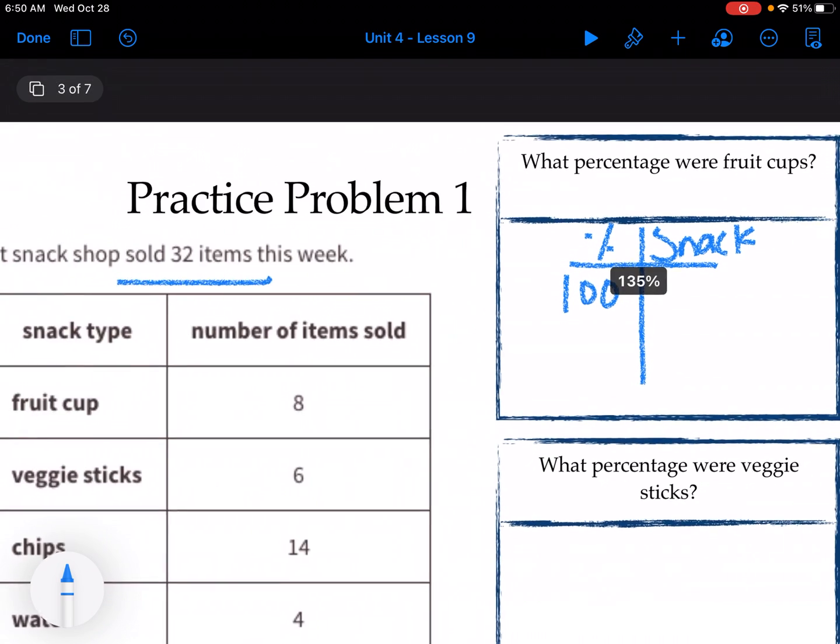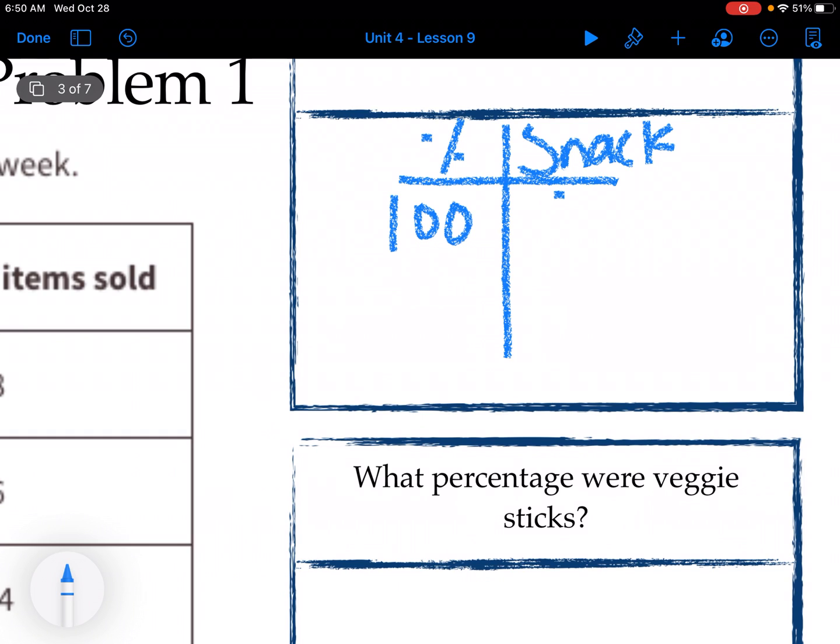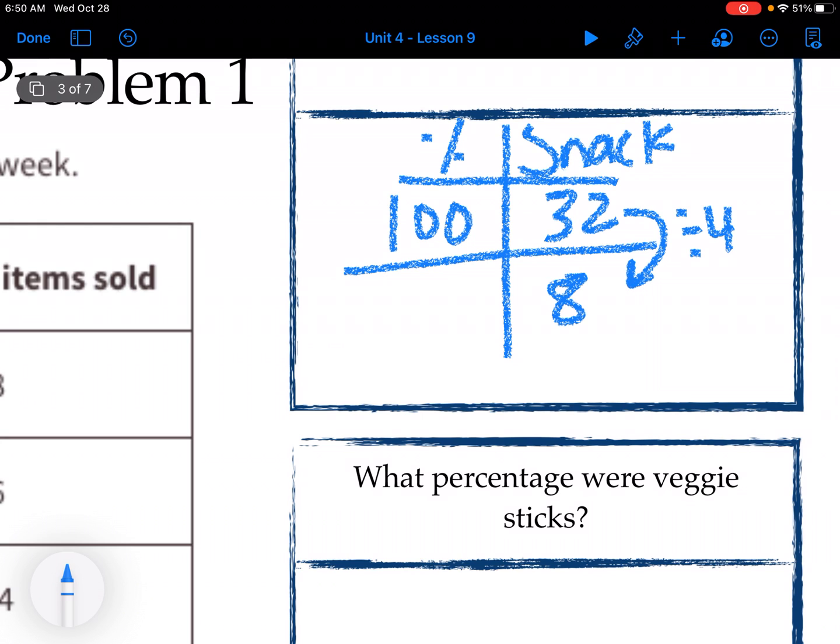Fruit cups were 8, but there were 32 total items. I'm going to divide by 4. I get 25%.